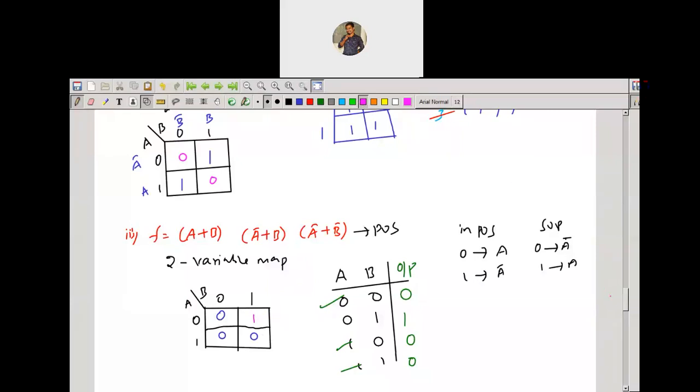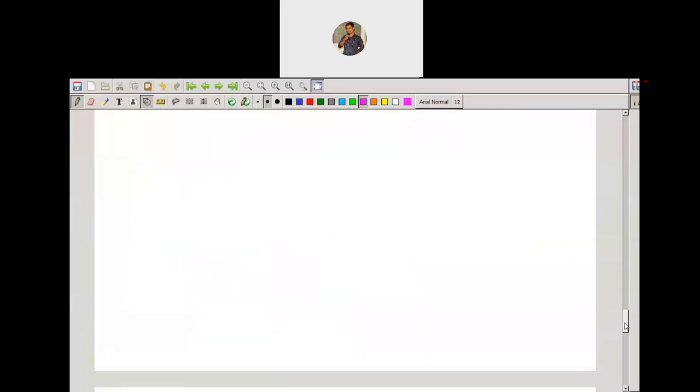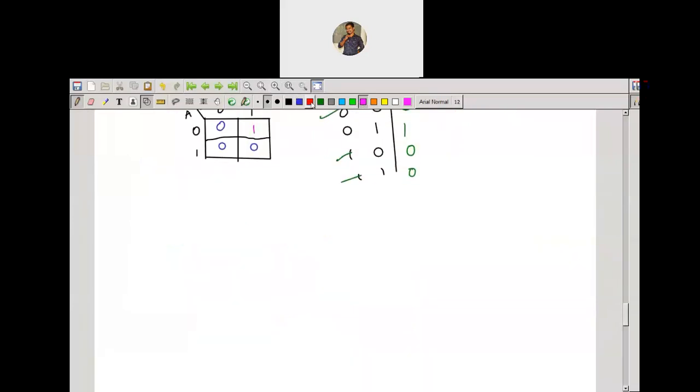Let us do some problems, 2 to 3 problems on reducing the expressions. The question is: reduce the Boolean expressions. I'm not specifically using Boolean expressions here, because we are talking about binary variables only.